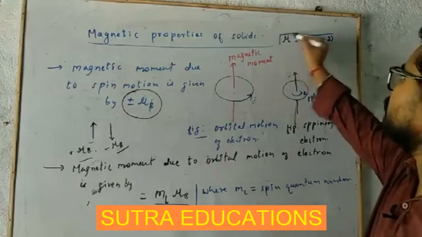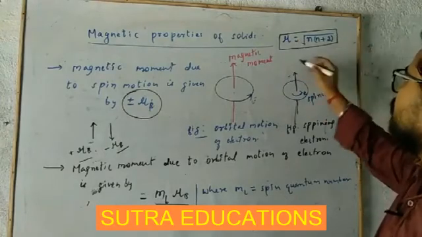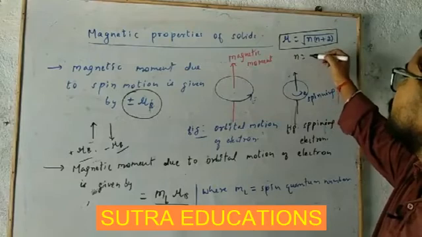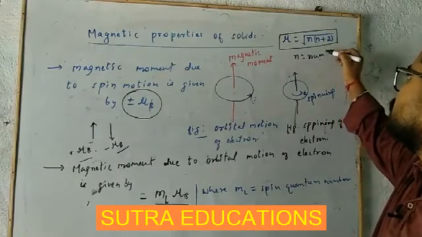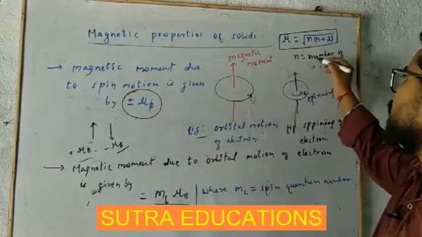This is the formula for finding magnetic moment.